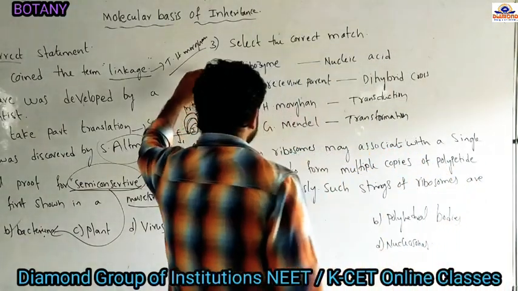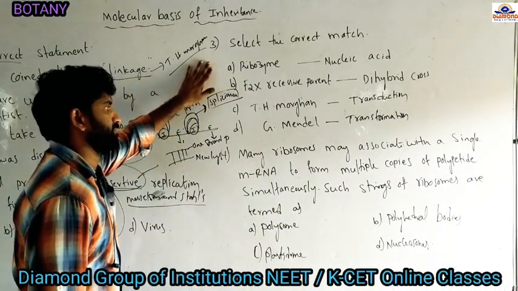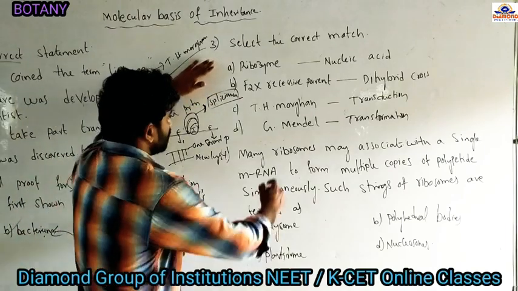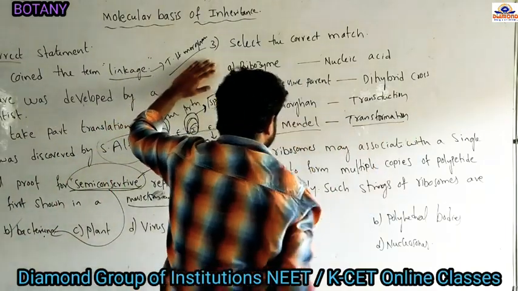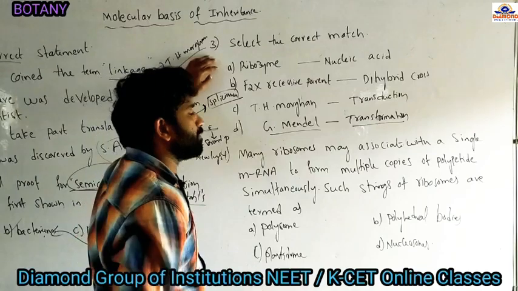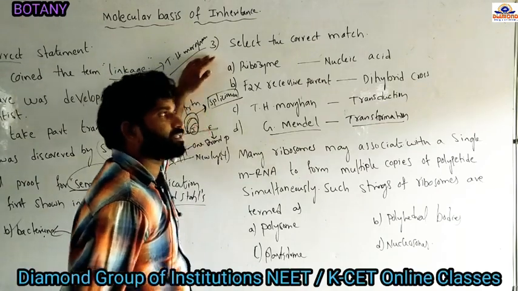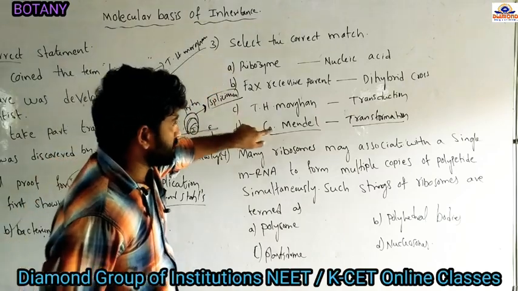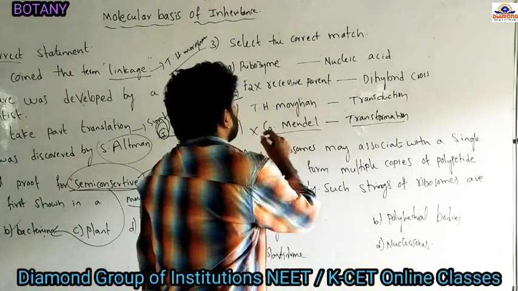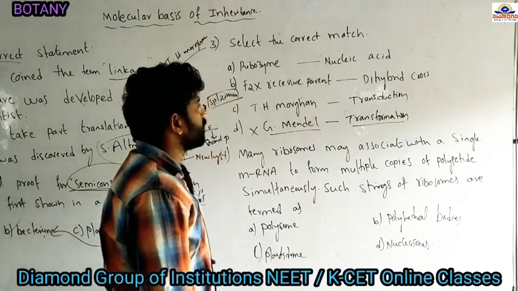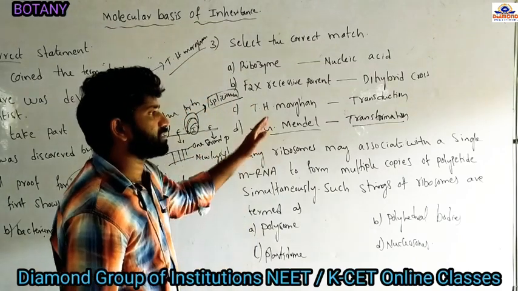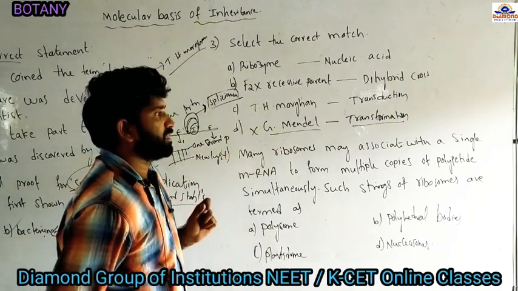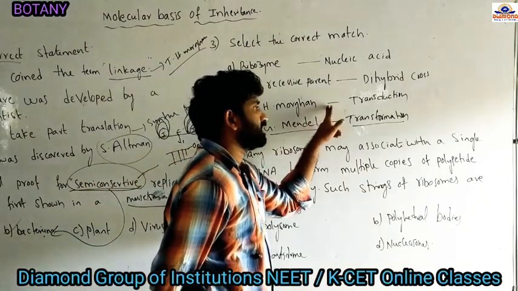Here we have to identify the correct match. Mendel, given as matched with transformation, is incorrect, because transformation was done by Griffith. T.H. Morgan, given as transduction, is also incorrect. Transduction was done by Lederberg and Zinder.